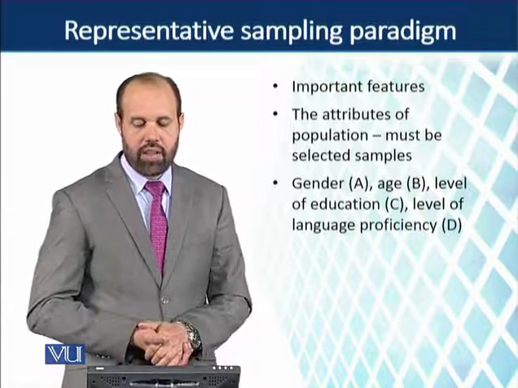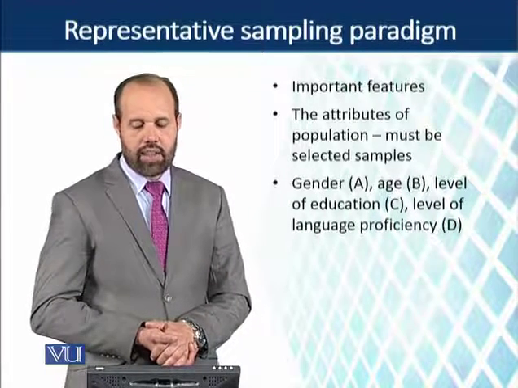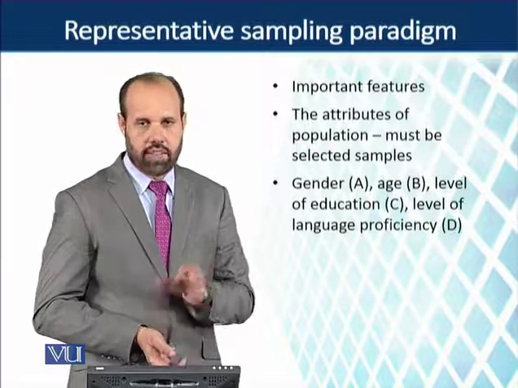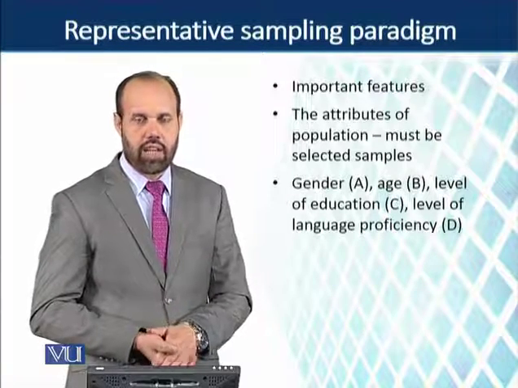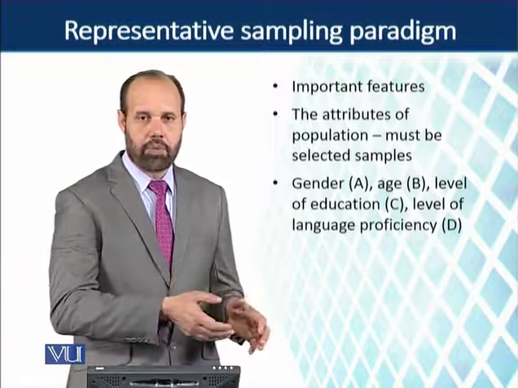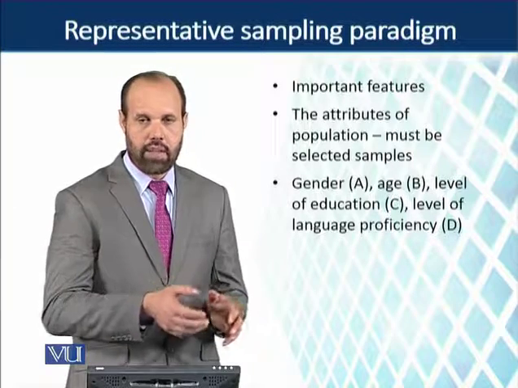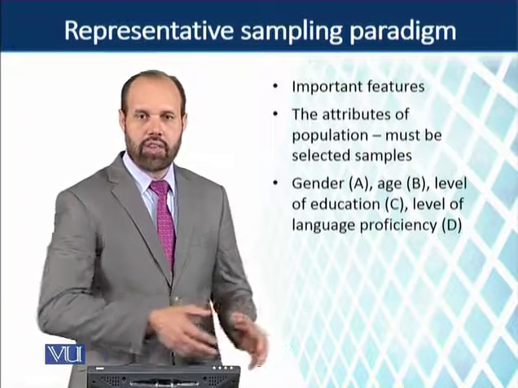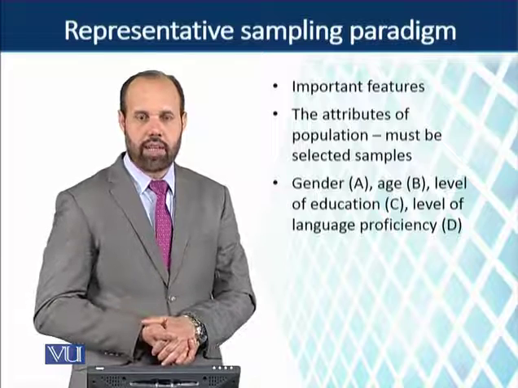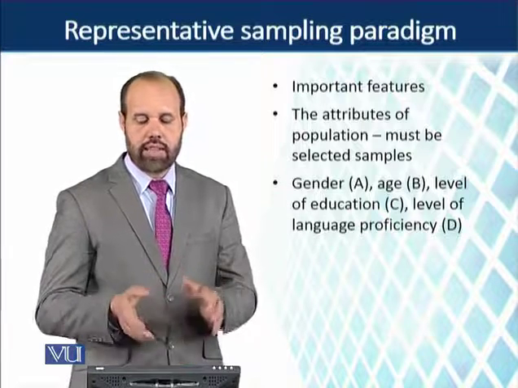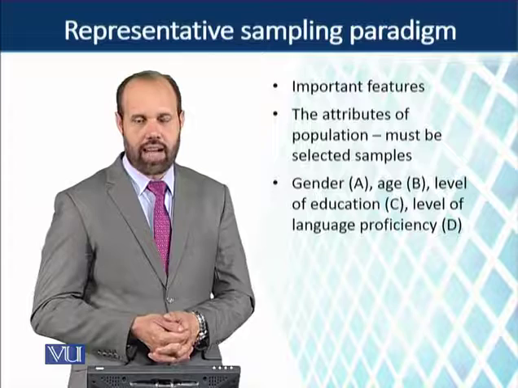For example, there are four attributes or characteristics found in the population, and we must go for a sampling procedure where all these features are found in the sample.